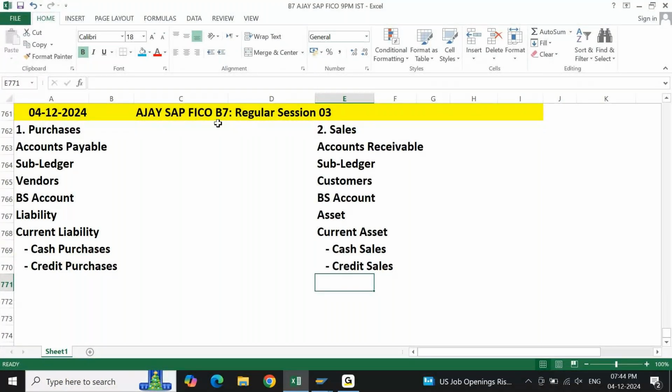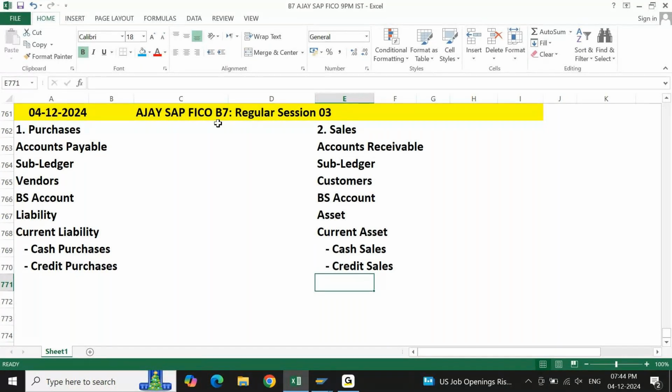Now, you are trying to think from both perspectives, from the purchasing point of view and the sales point of view, considering the same transaction. Only then will you avoid confusions related to AP and AR. Most of the time we hear people say I am good at AP but not good at AR, or I am good at AR but not good at AP. I have a confusion between AP and AR.